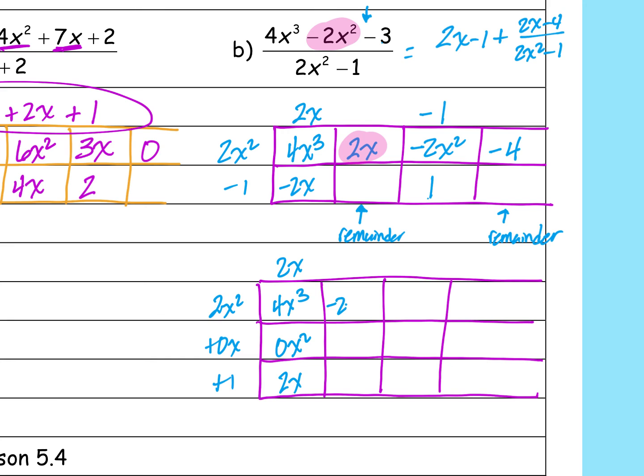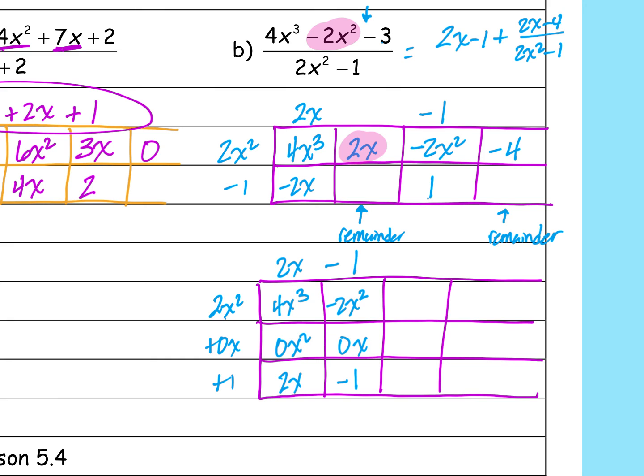Well, that's negative 2x squared, okay? And then what do I multiply 2x by to get negative 2x squared? Minus 1. And then I multiply out negative 1 times 0x is 0x. And negative 1 times 1 is negative 1.